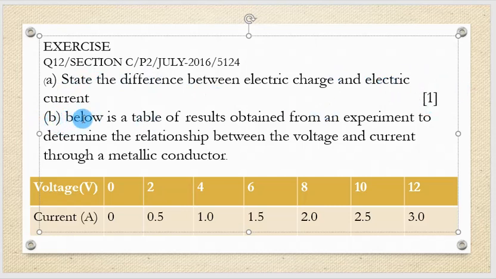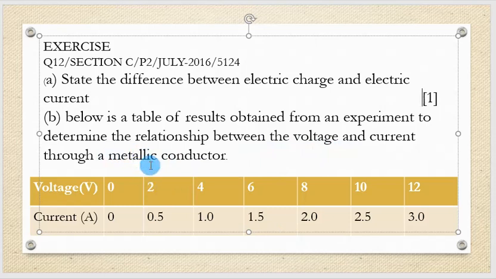The next question is, below is a table of results obtained from an experiment to determine the relationship between the voltage and current through a metallic conductor. So we have a table here showing us the values that were obtained from an experiment to determine the relationship between voltage and current through a, take note, metallic conductor. So when you are asked to draw a graph, I don't expect you to draw a curve or draw with freehand.